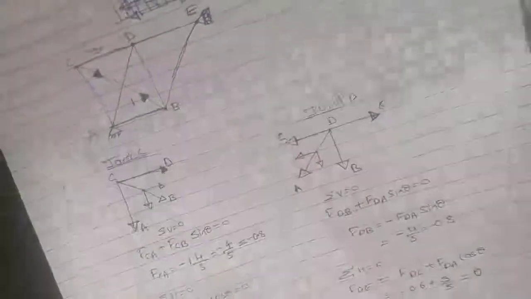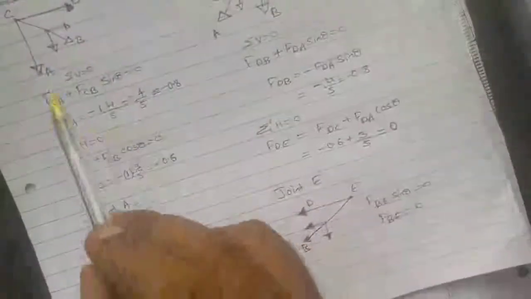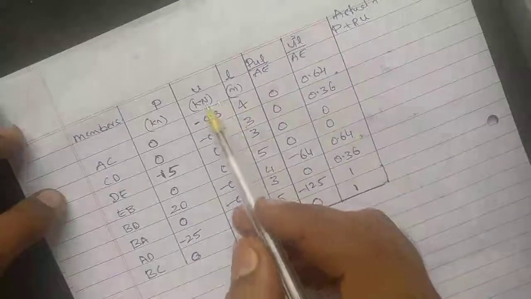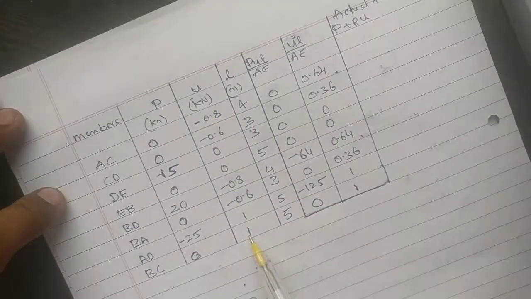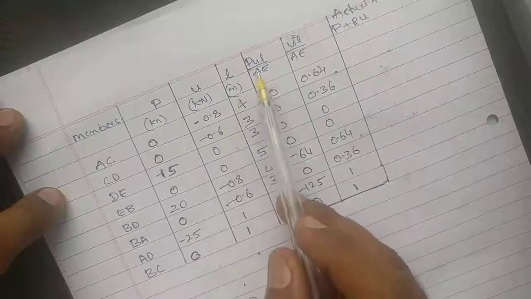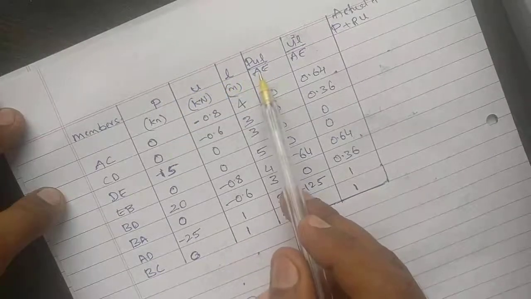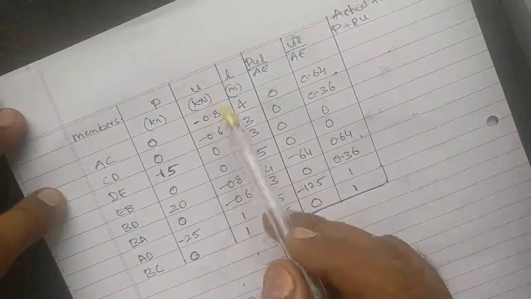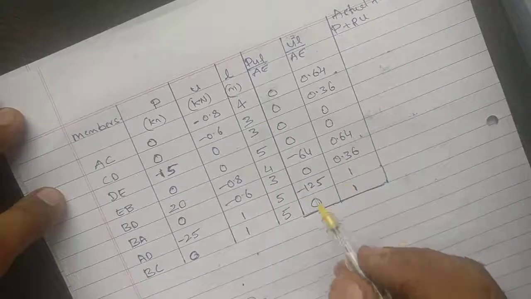Now after applying the unit load at CB, we have to find out all the forces in the members. So here we got all the forces. These are the forces because of unit load in the redundant, and then we have multiplied P U L by A, which is common here, and again U square L. So we have to do summation for this one and this one.